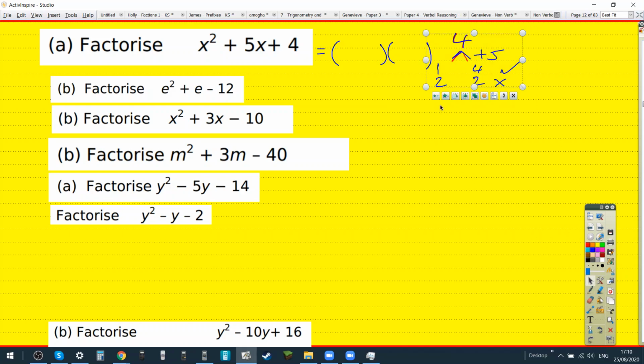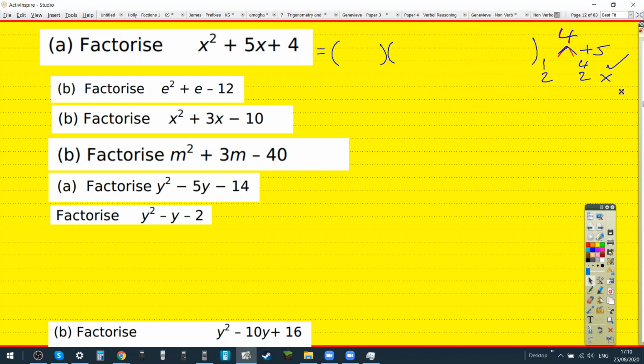In this case we have x squared at the start. So x times x makes x squared. So it's going to be x plus something, x plus something. So x plus 1, then x plus 4.